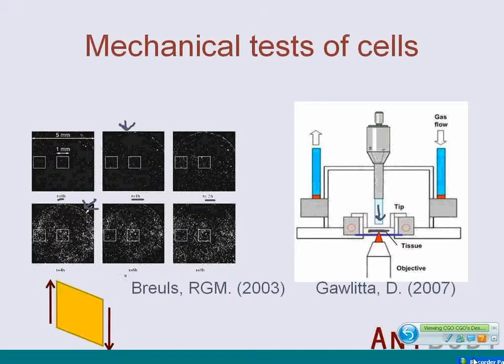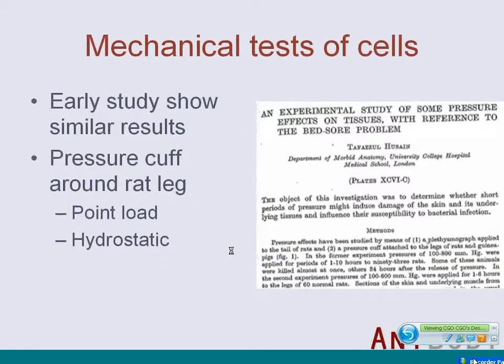So at that point you actually have a large shear strain. So basically these studies show that shear strain is maybe considered a key point in the understanding of what cells can tolerate.